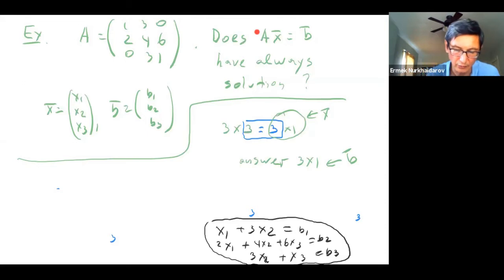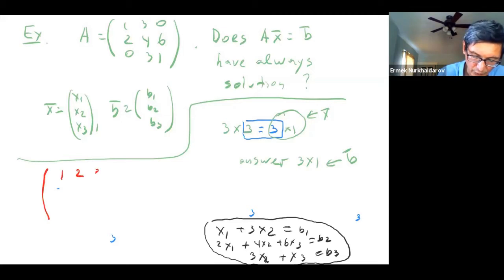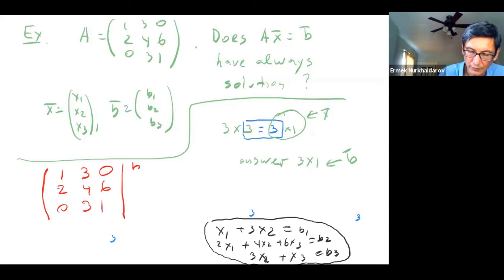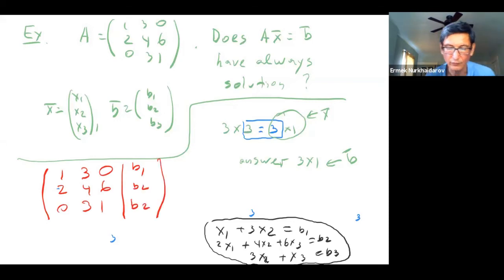So you could have written your matrix 1, 3, 0, 2, 4, 6, 0, 3, 1, and made it augmented by putting your answer, which is B1, B2, B3, on the right side.